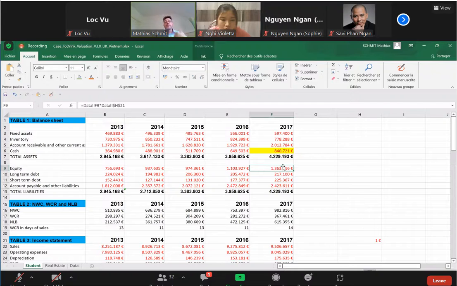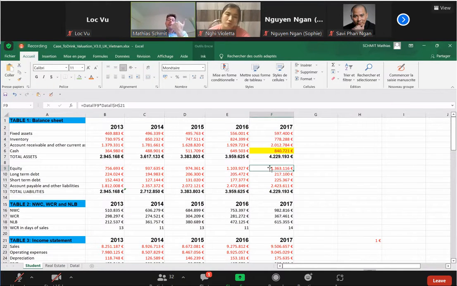And so here, the seller, based on this, had in mind approximately 1.5 million because of the equity value here, plus some goodwill, some additional value, just because we have some clientele and so on.